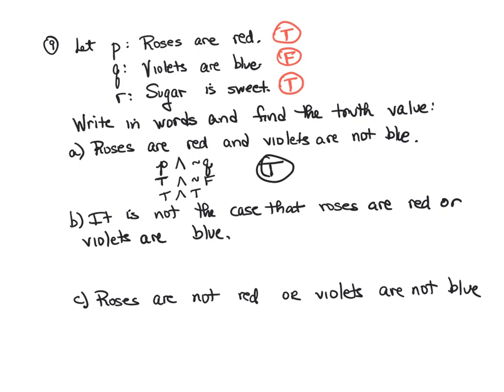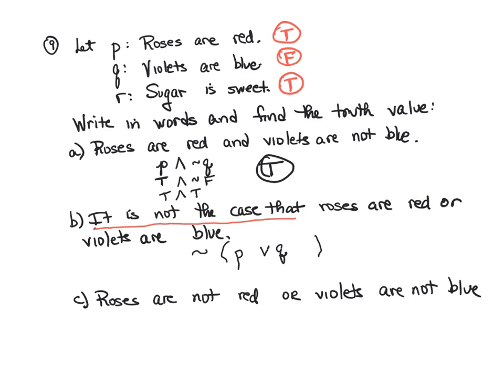All right, let's try B. "It is not the case that..." All right, now let's make an agreement. Whenever we see the words "it is not the case that," we are negating the entire statement. So I'm going to put a negation and parentheses. "It is not the case that roses are red," that's P, "or violets are blue," or Q. Oh, I didn't even use anything about the sugar.